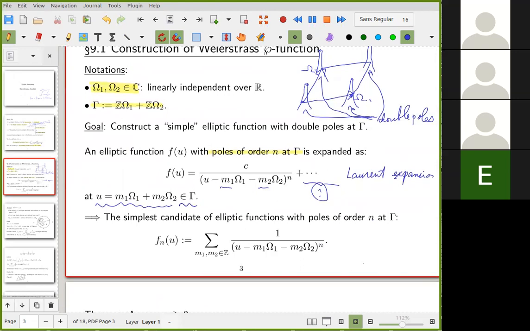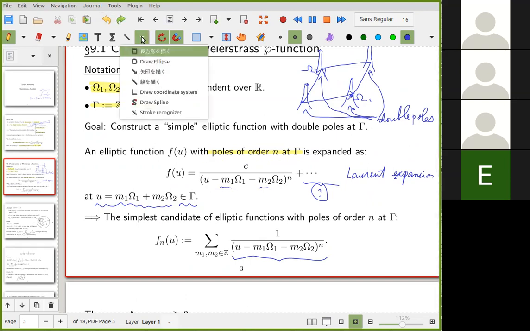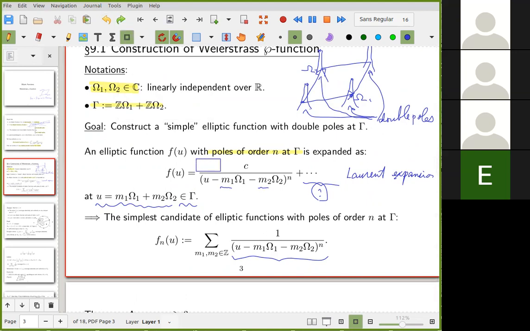So the simplest candidate of such an elliptic function is just to sum up this term, by ignoring the remaining terms.